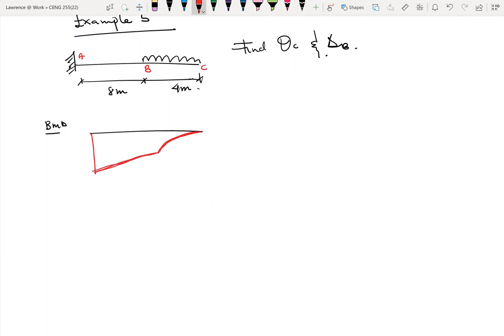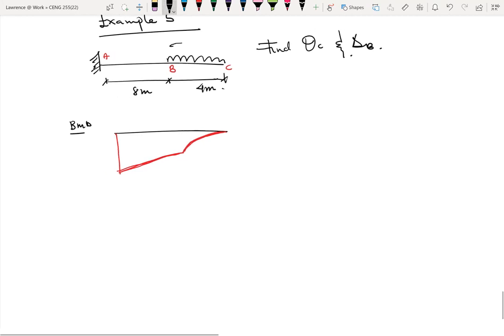All right, so this is our bending moment diagram. Sorry, I didn't add the load. The load is 4 kilonewtons per meter. EI is constant throughout.